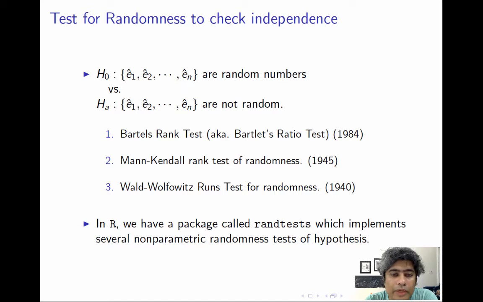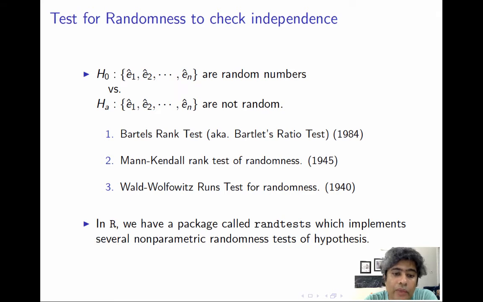The typical tests available for us are Bartlett's rank test, also known as Bartlett's ratio test, the Mann-Kendall rank test for randomness, and the third one is the Wald-Wolfowitz run test for randomness. Out of these three tests, Bartlett's rank test, or Bartlett's ratio test, is supposed to have the highest statistical power, so it is better to use it.